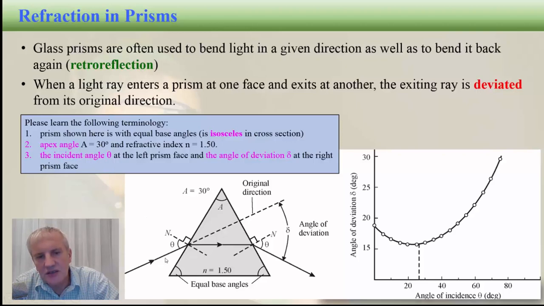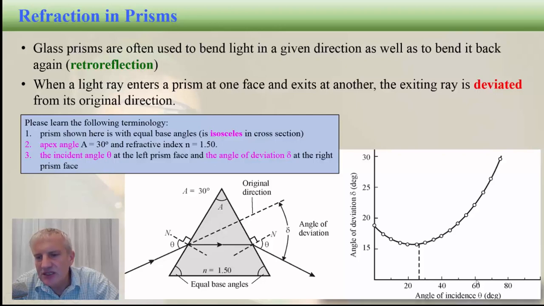If this angle is getting reduced, so you're moving this laser beam more perpendicular onto the surface, then you're looking at a smaller angle along this horizontal axis. If you're increasing this angle theta, then you're moving more towards the right on the horizontal axis of this plot.